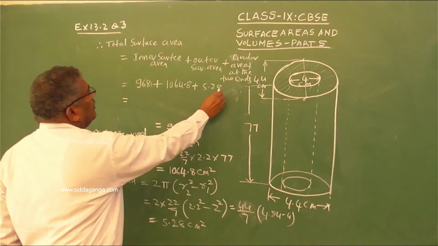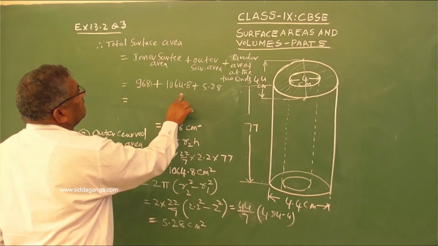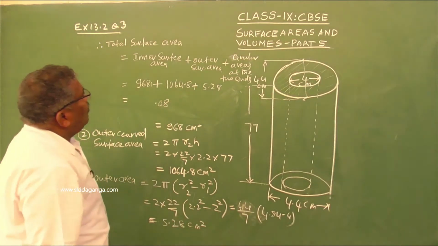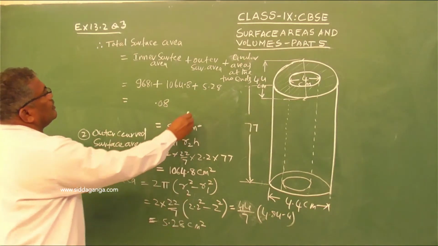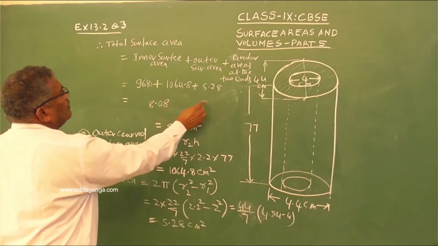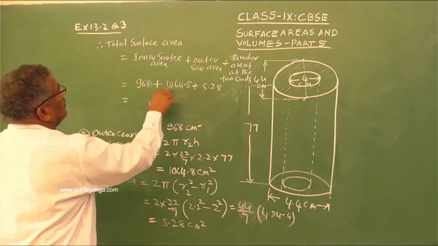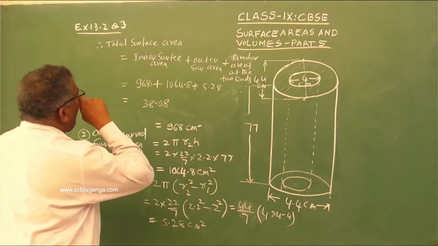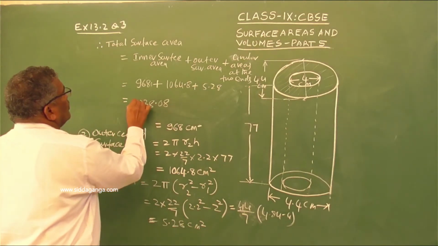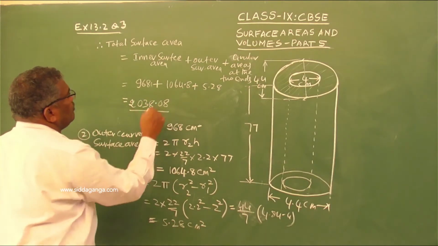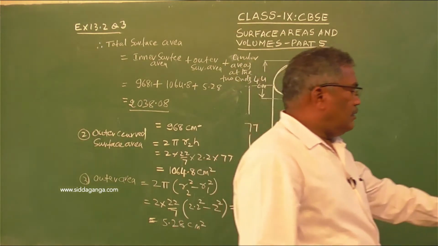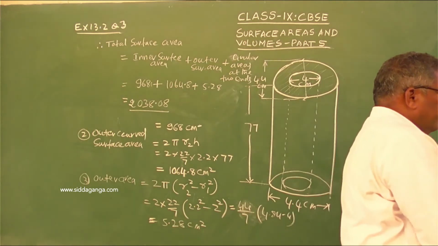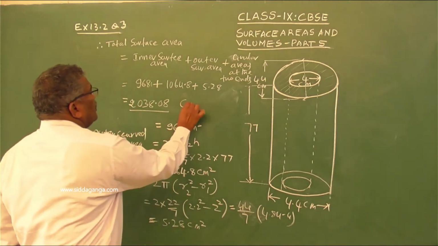So this is 2038.08 centimeter square. So this is the total surface area.